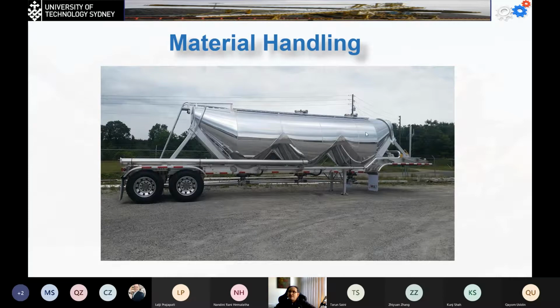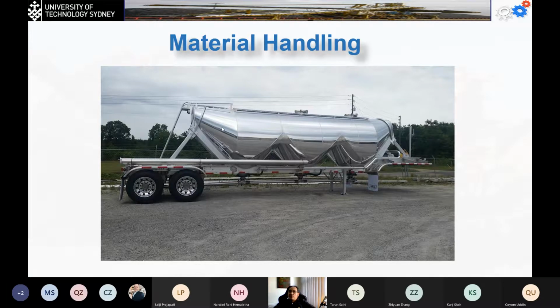Well, this one is made of stainless steel, as you can see here. This silo is used to transfer, for example, dry milk, powder milk, or any type of food grade material.